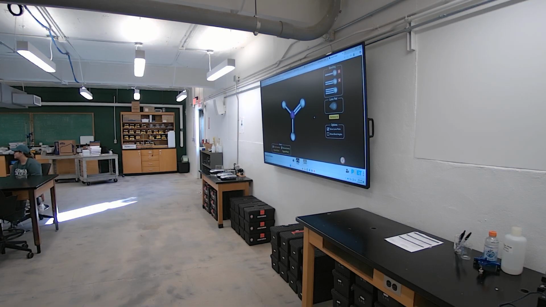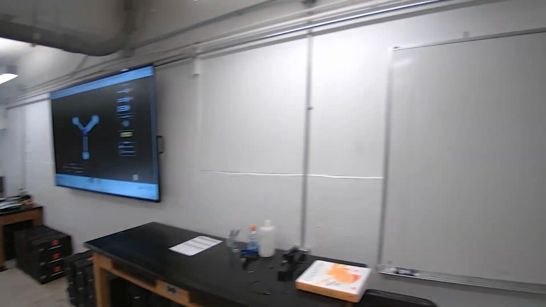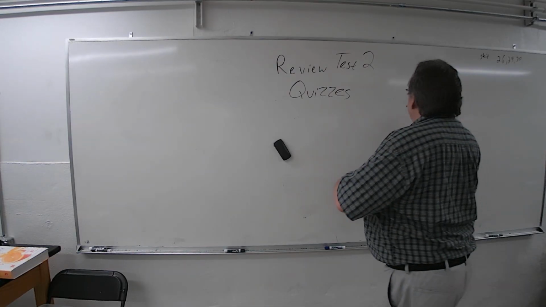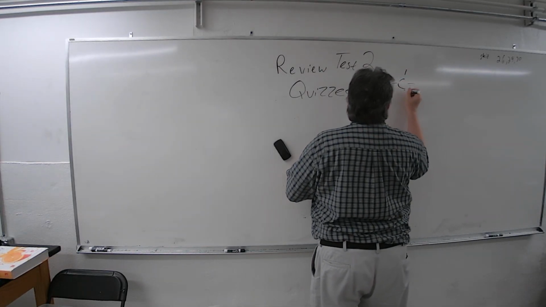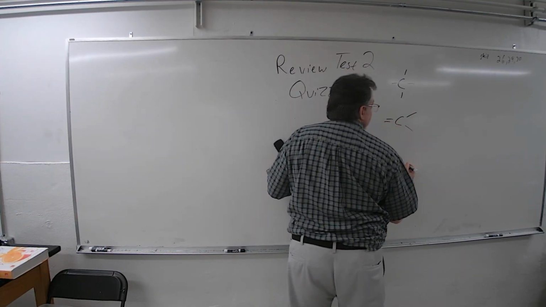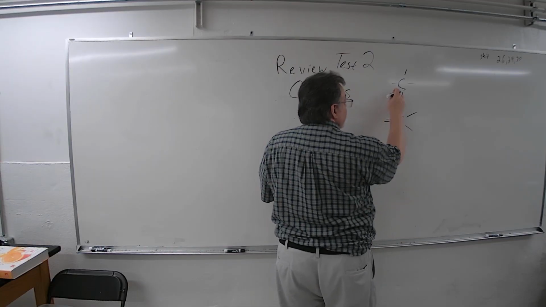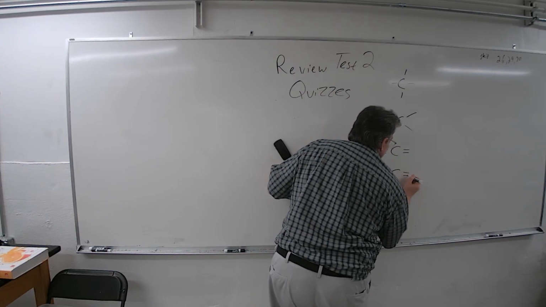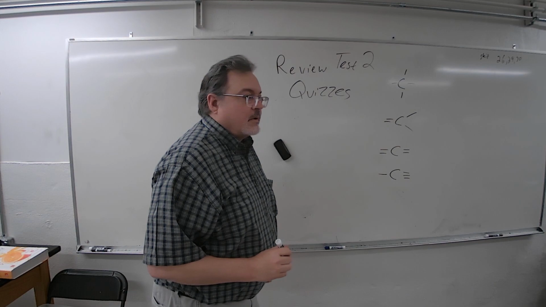The way I told you to think of it is as a way to help you memorize. You might see carbon bonded to 4 different things. You might see carbon bonded to 3 different things, but still 4 bonds. Just one of them's a double bond. 4 bonds, 4 bonds. You might see carbon like that, and you might see carbon like that. That's the 4 different ways you'll see carbon.